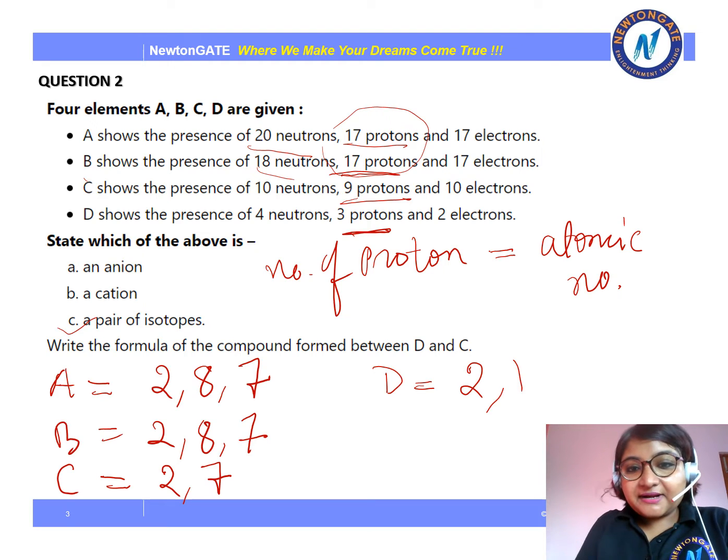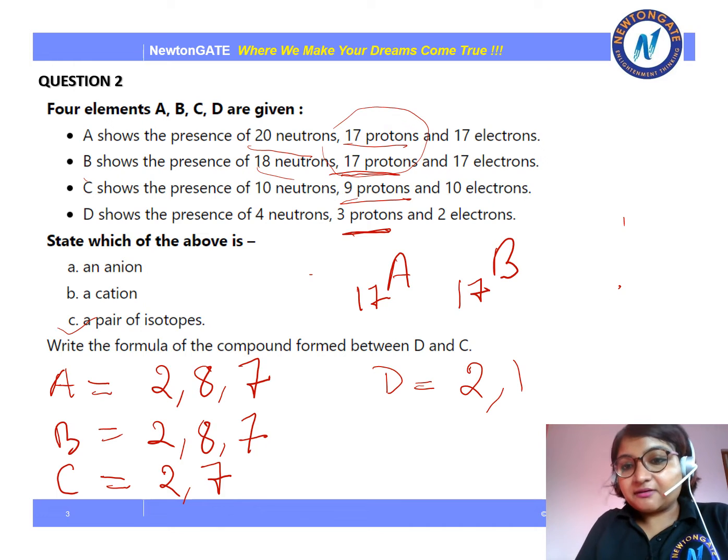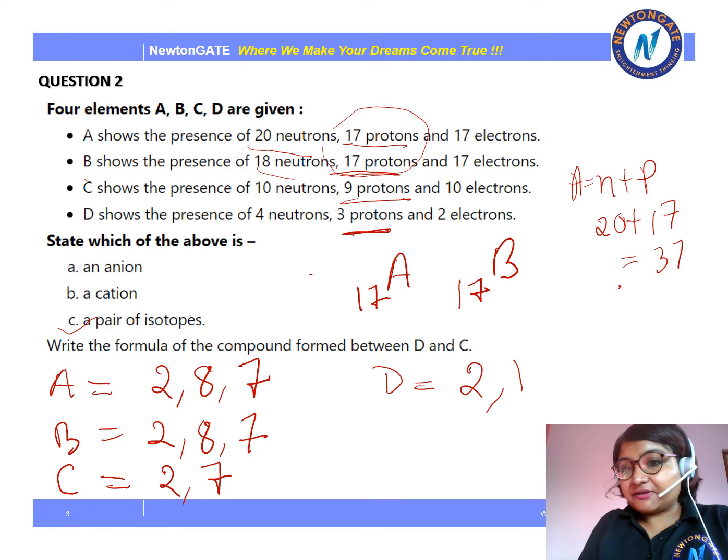So I can represent A and B. A is 17, and B element is also 17 atomic number, and you can add the neutrons and the protons to get the mass number, right? So 20 plus 17, you will get 37.